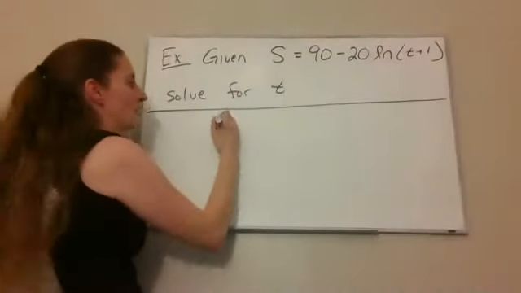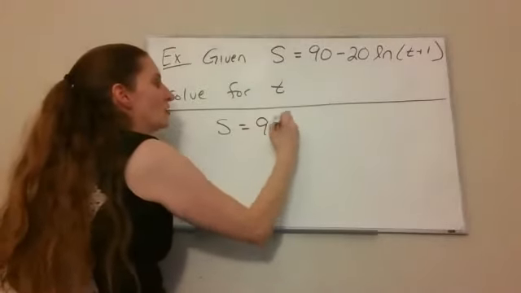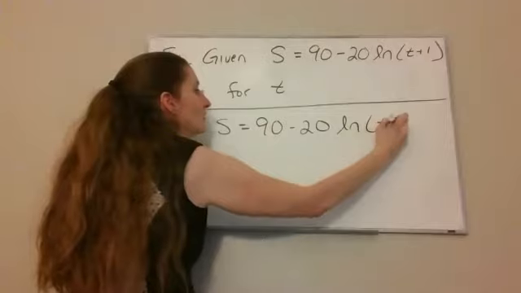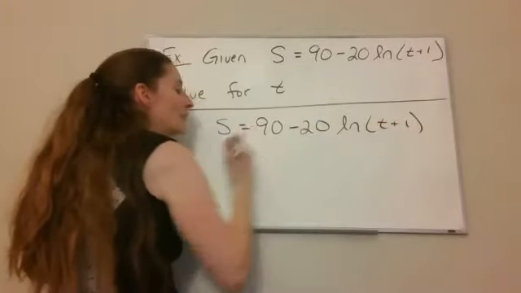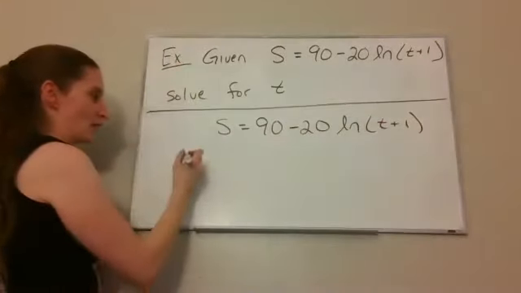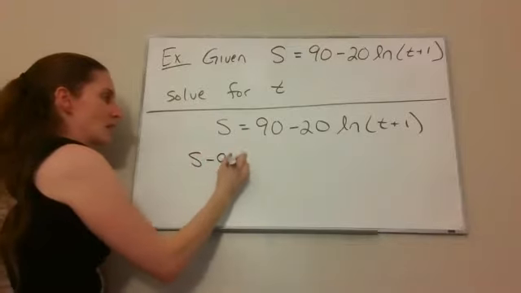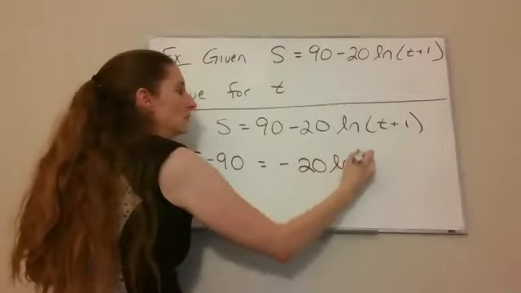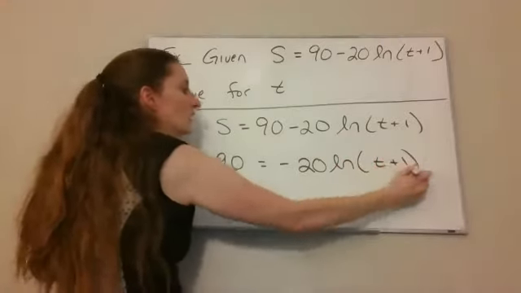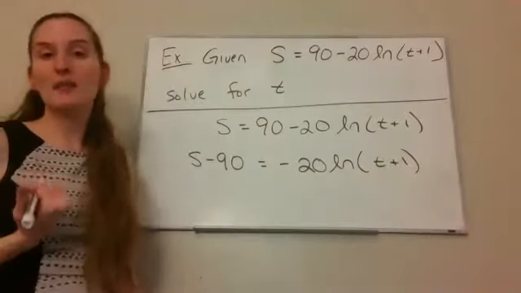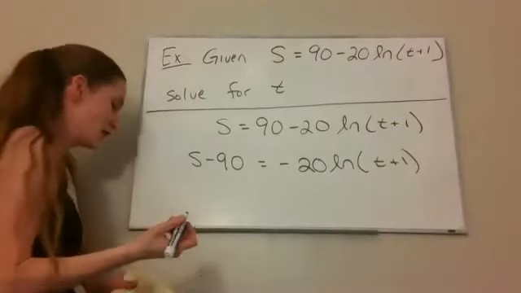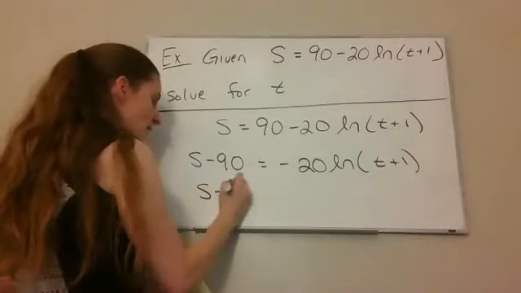And the first thing that we're going to have to do with this equation is get the natural log term completely by itself. So I'm going to start by subtracting 90 from both sides. Now, my natural log is still not by itself. It's being multiplied by a negative 20. So I need to divide both sides by negative 20.